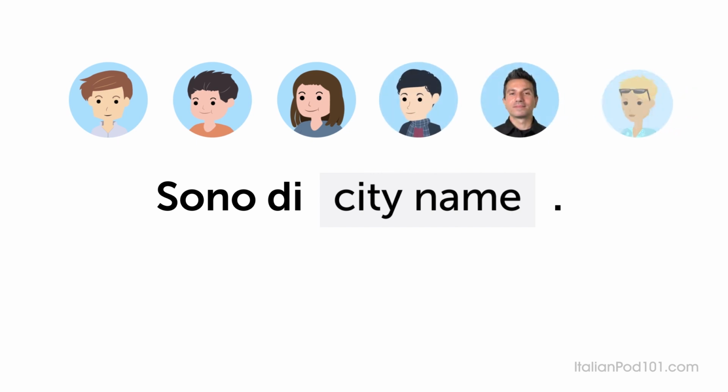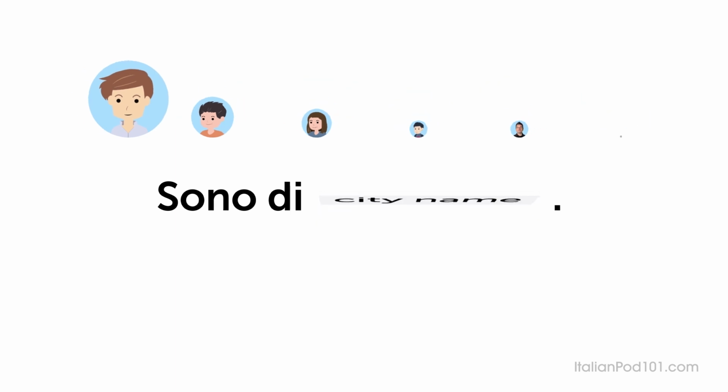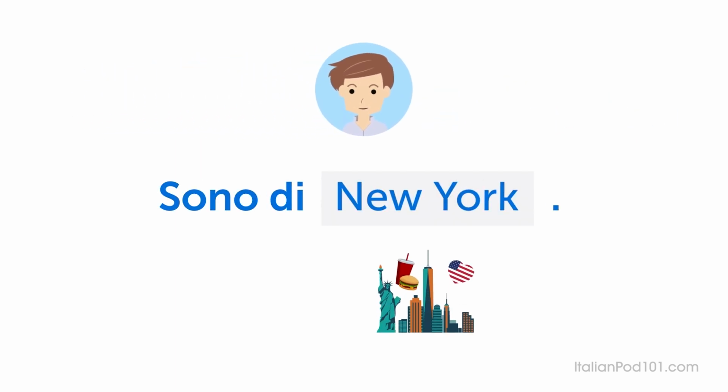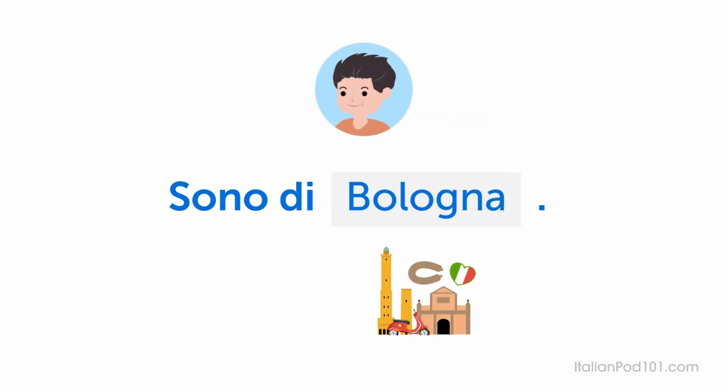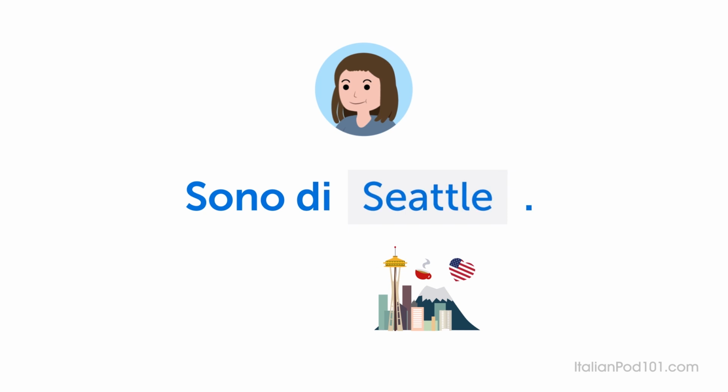Let's look at some examples. Listen and repeat, or speak along with the native speakers. Sono di New York. Sono di New York. Sono di Bologna. Sono di Bologna. Sono di Seattle.